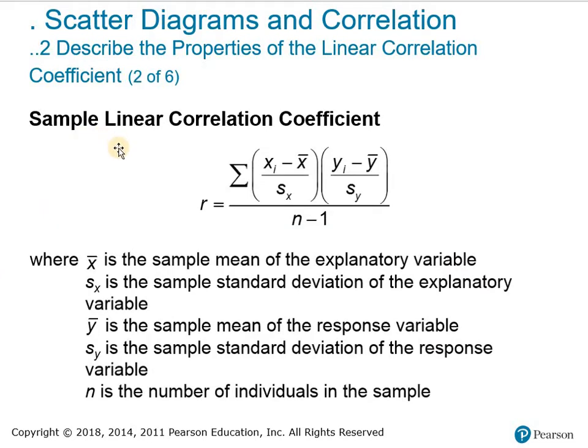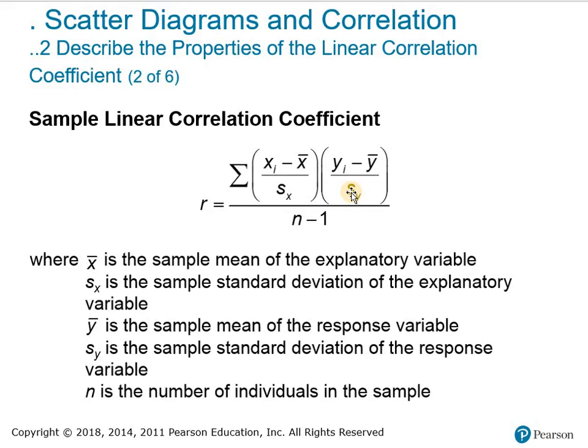So the sample linear correlation coefficient is given with this formula. The formula says the sum of xi minus x bar, which is the sample mean of the explanatory variable, divided by s sub x, the sample standard deviation of the explanatory variable, times yi minus y bar, the sample mean of the response variable, divided by s sub y, the sample standard deviation of the response variable, divided by n minus 1.